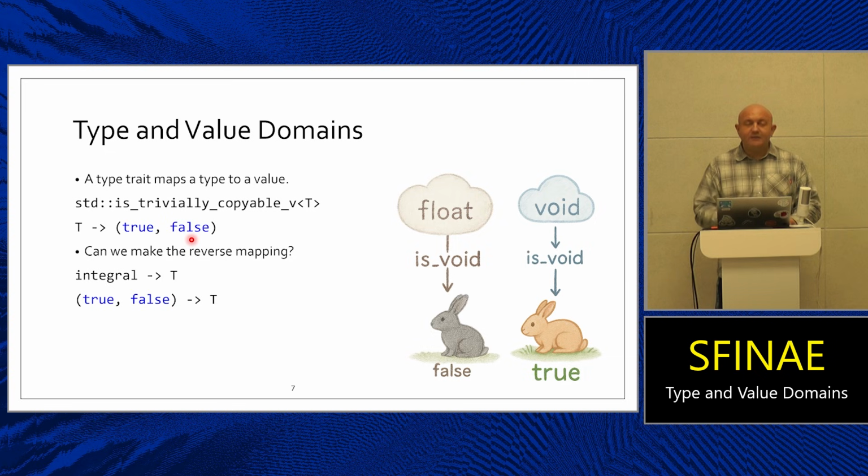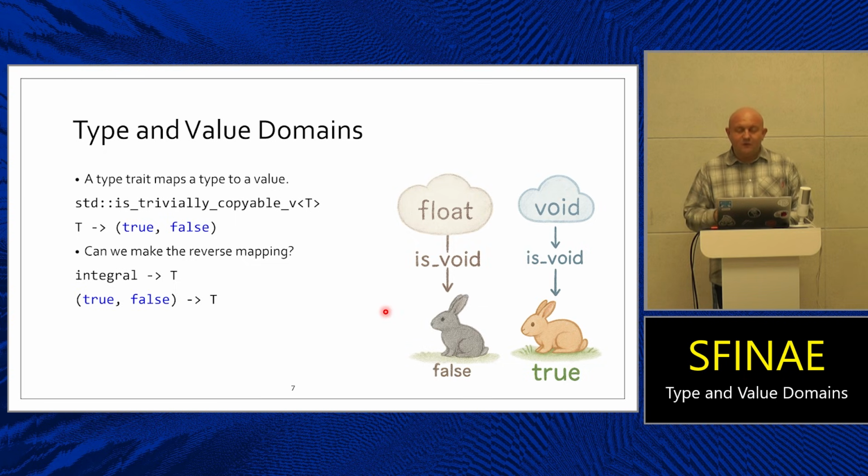Now, can we make the reverse mapping? Can we go from a value, say true or false, back to a type? Let's think of types as little clouds and of true and false as two rabbits sitting below them. Each type maps down to one of those rabbits. Float maps to false, and void maps to true. Basically, everything else except void maps to the black rabbit.